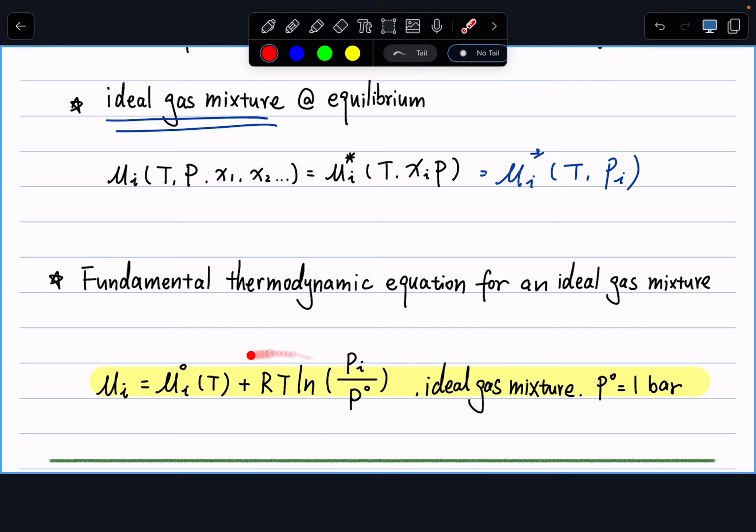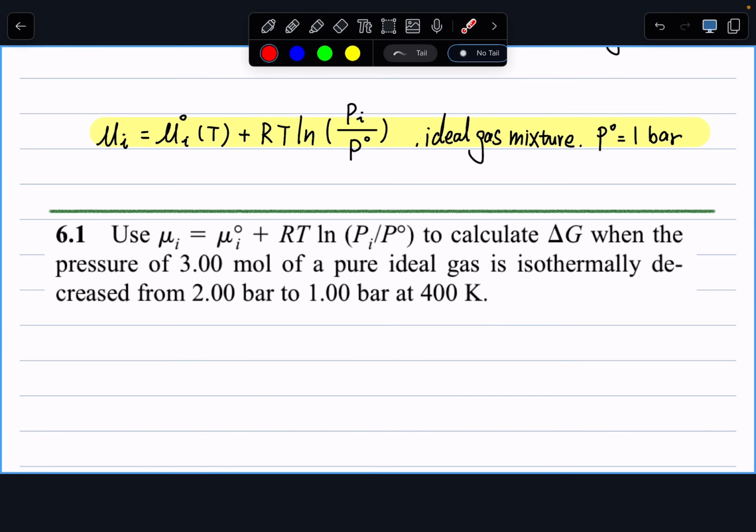And now we have this fundamental thermodynamic equation for an ideal gas mixture. Obviously, we can solve these kinds of problems by plugging in numbers to solve for delta G. So in this one, I'm just going to quickly set up the problem for you. We know that mu equals Gm for a pure substance.